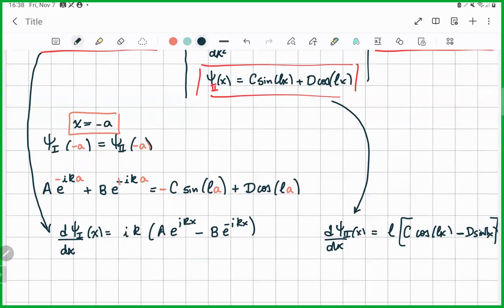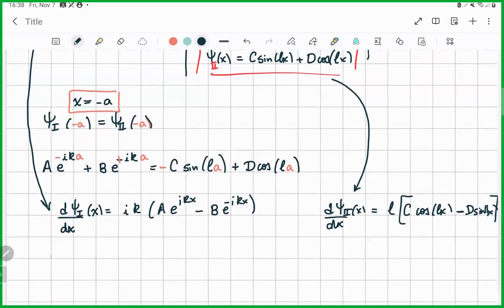There we go. Then we have ik exponential of ik times minus A, minus b exponential of minus ik times minus A. This becomes plus. Very good.